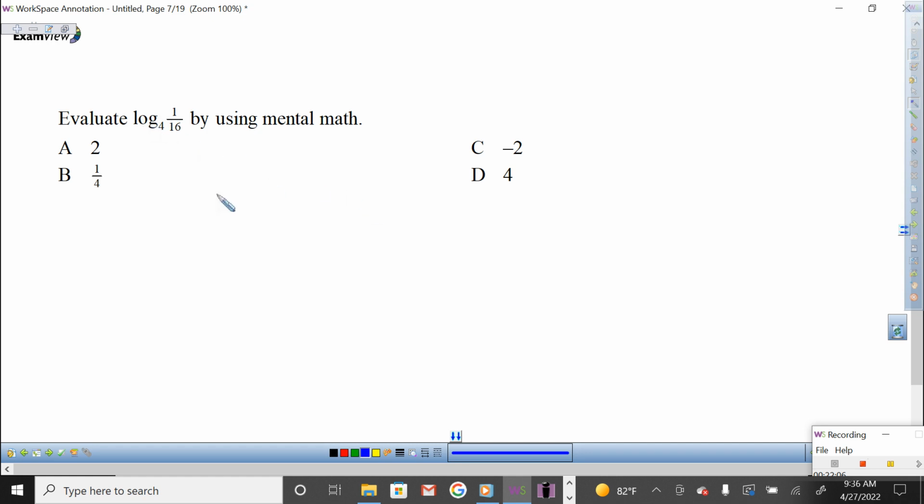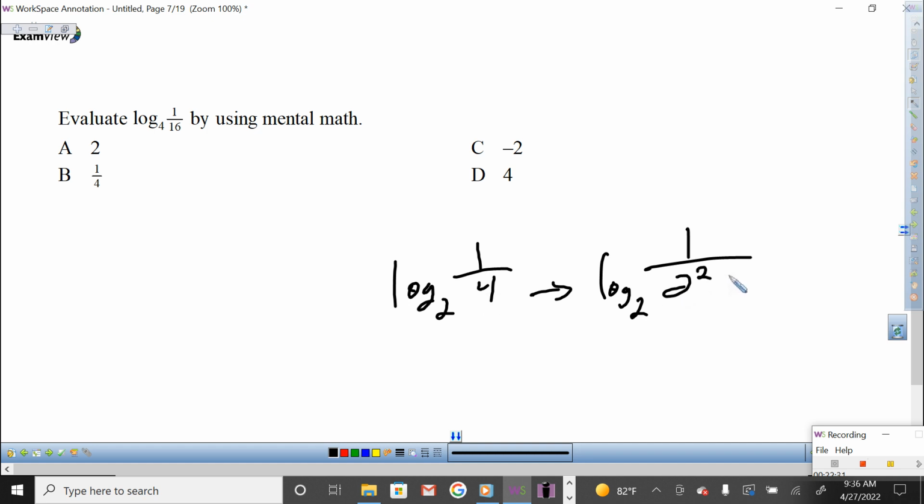All right. So we have log base 4, 1/16. Before you do that one, I remember when we got to these, I said, all right, guys, write your utensils down, and I did log base 2, 1/4. I need to rewrite this in the same base. Log base 2, 1/4 is 2 to the what? Second. But it's in fraction form.